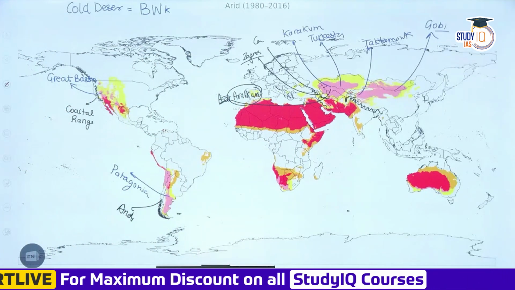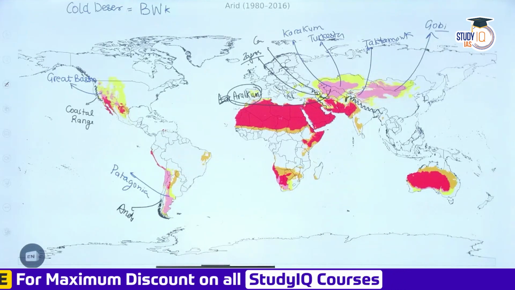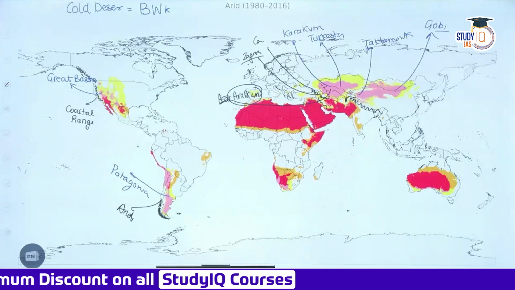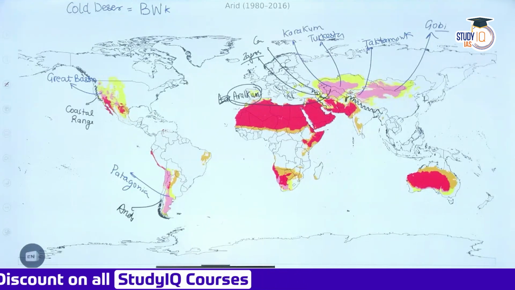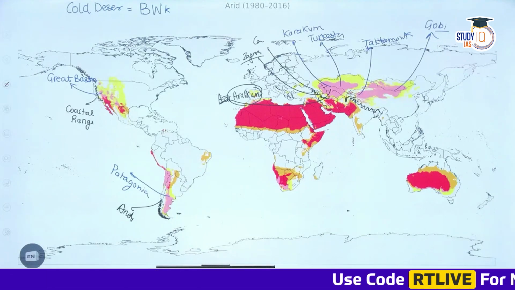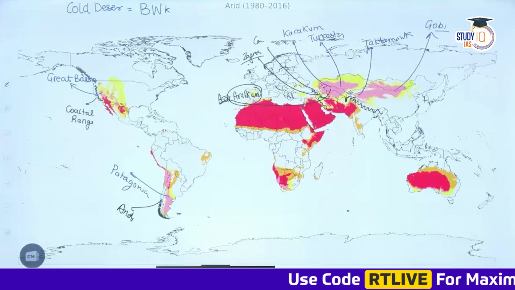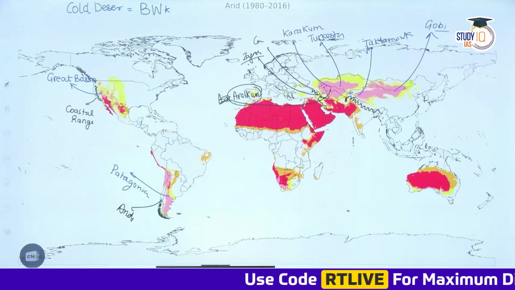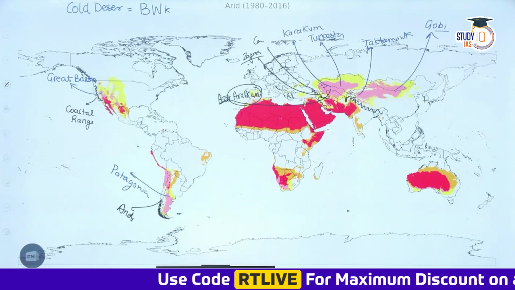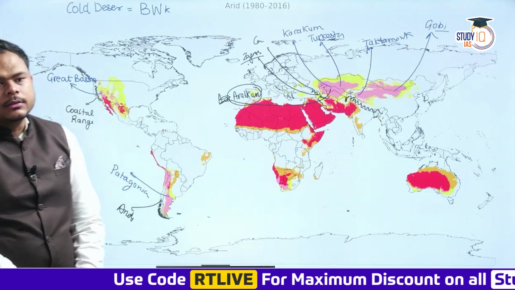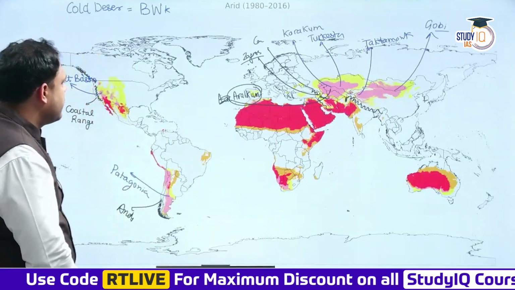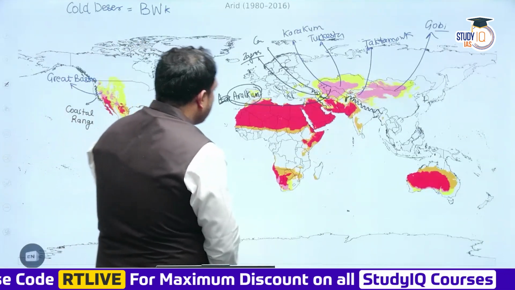We have Aral Desert. Please understand. And Aral has turned into a desert because there were two rivers. One was Amu Darya and second river was Syr Darya. And both of these rivers were diverted for irrigation purposes by USSR, converting Aral Sea into a desert. Getting my point? Okay. So this is cold desert.